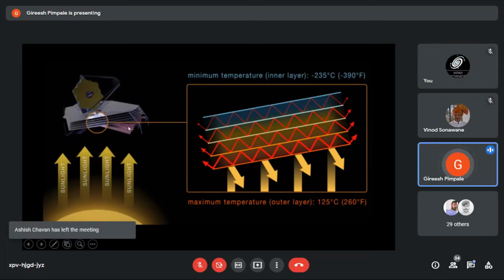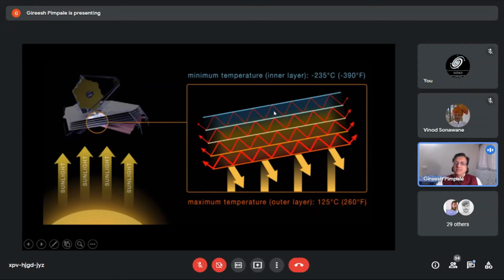See, this is the entire telescope, and this part is the sun shield, which is magnified over here. Sunlight is incident from this side, where the sun is shown. Part of that is reflected, part is transmitted but that is also reflected. A fraction of that comes here, still a fraction comes here, and a very small negligible fraction comes here, almost nothing. See the temperatures.